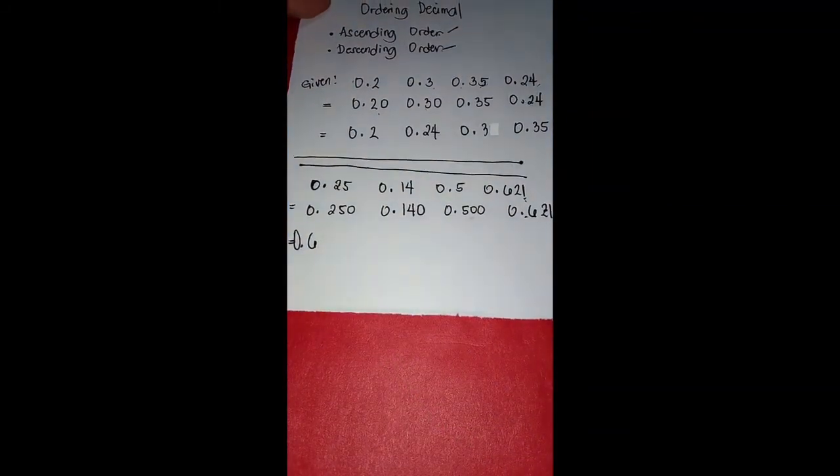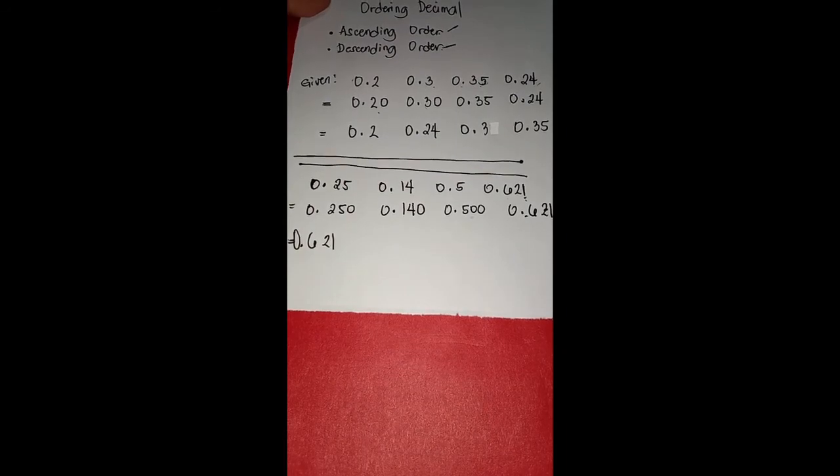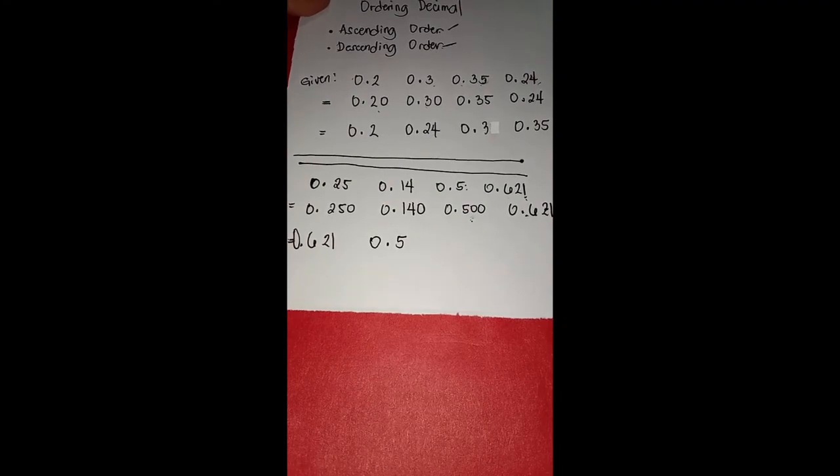So, isusulat lang natin, 0 and 621 thousandths. So, followed by, since ito yung next na pinakamalaki, ito yung ating isusulat, 0 and 5 tenths.